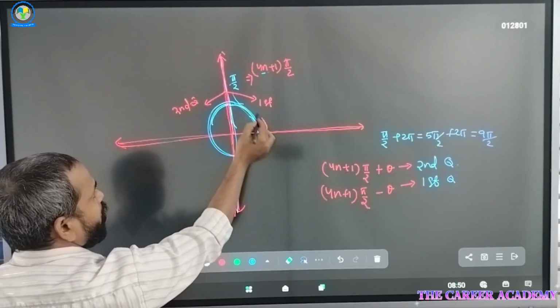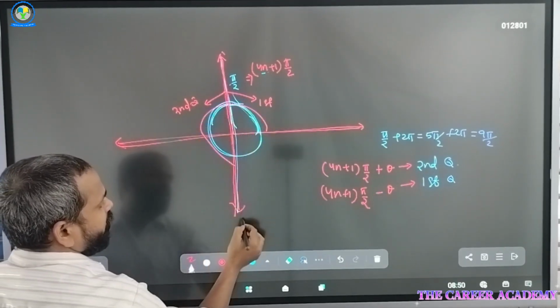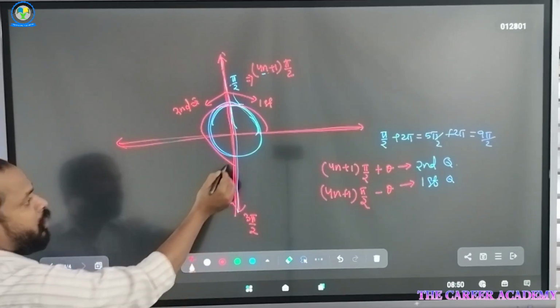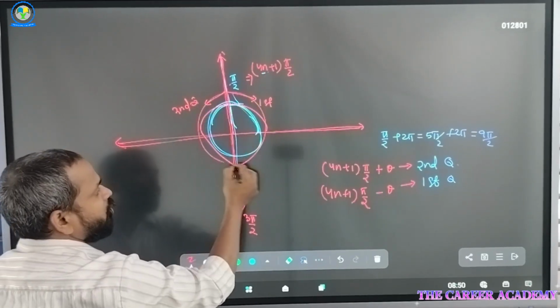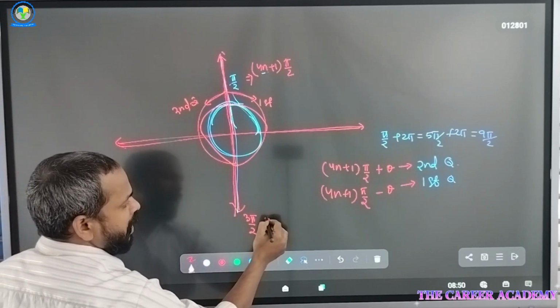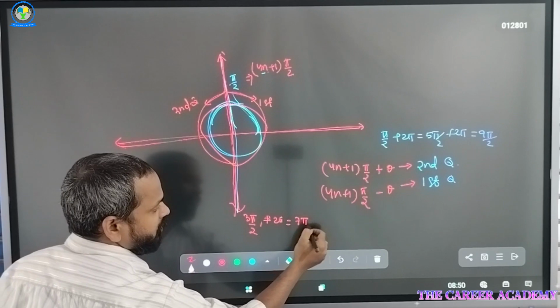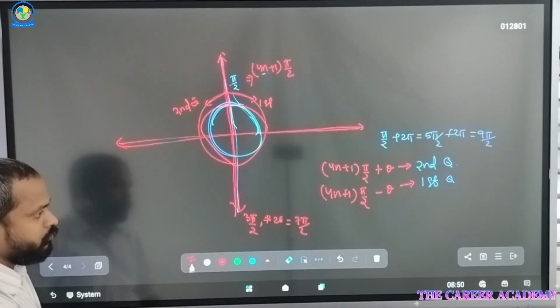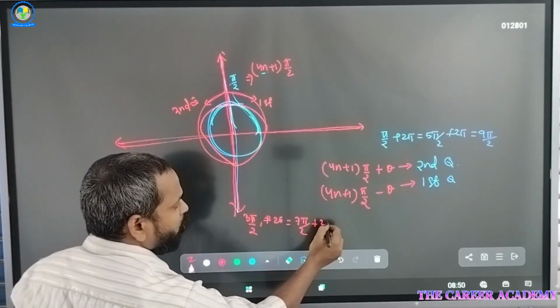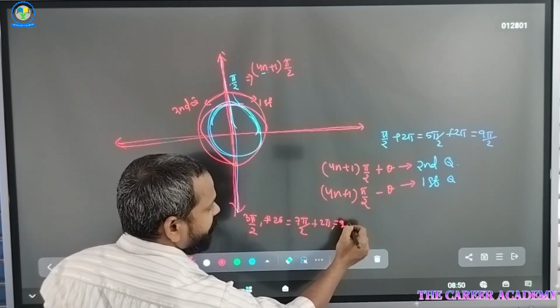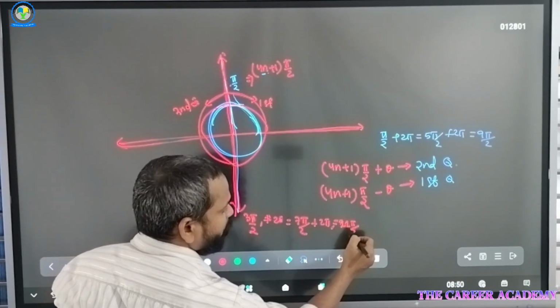See, when I go from here to this one, it is 3 pi by 2. From here, to make another complete rotation, we add 2 pi, it is 7 pi by 2 form. Then again add 2 pi, it is 11 pi by 2 form.